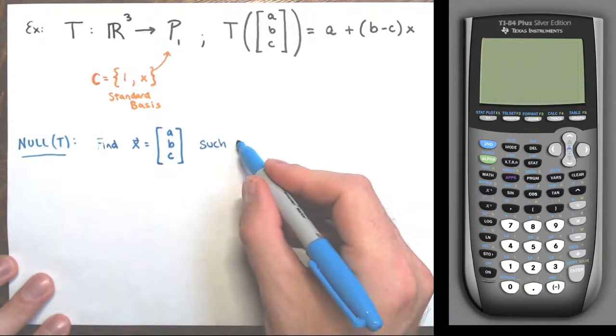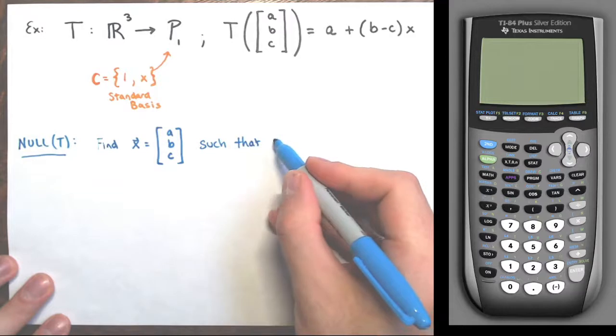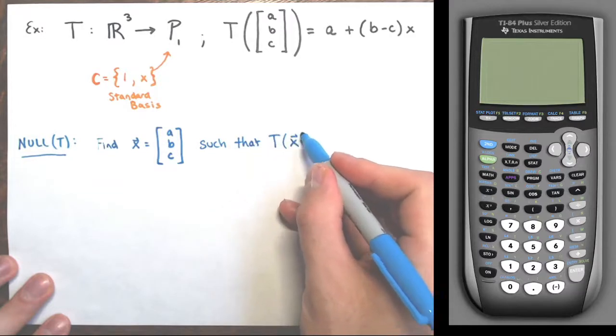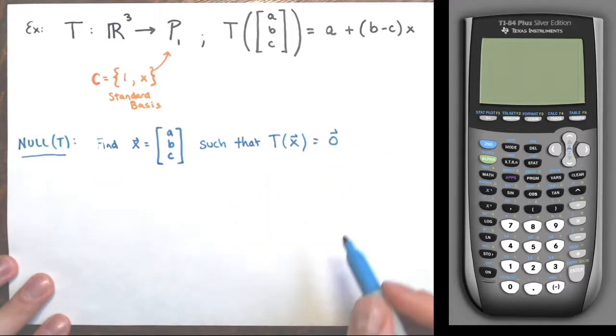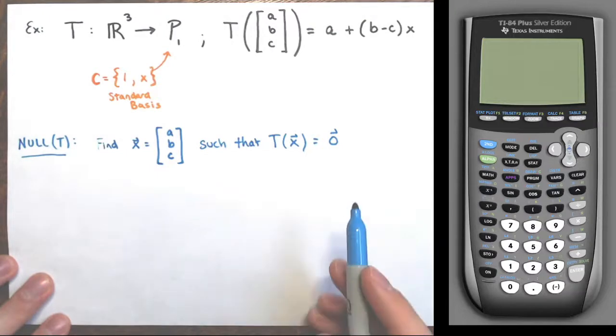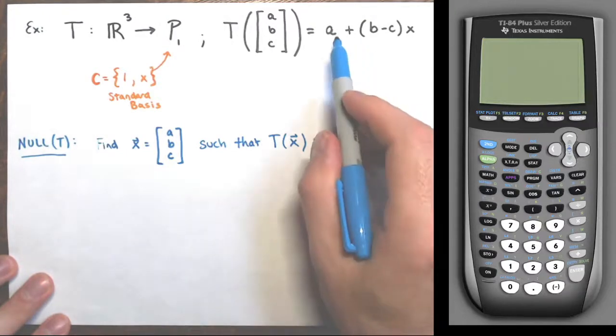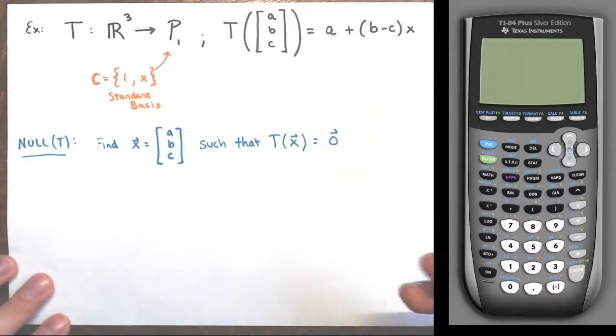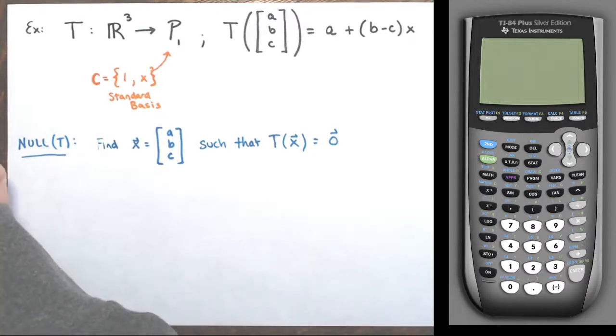Find those vectors such that T of x is equal to the 0 vector in P1. Now the 0 vector in P1 would just be 0 plus 0x, or the 0 polynomial.